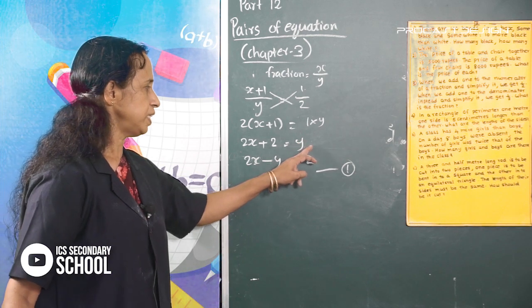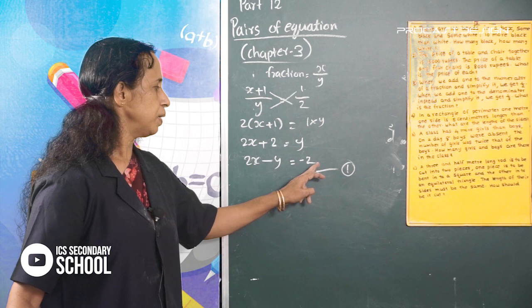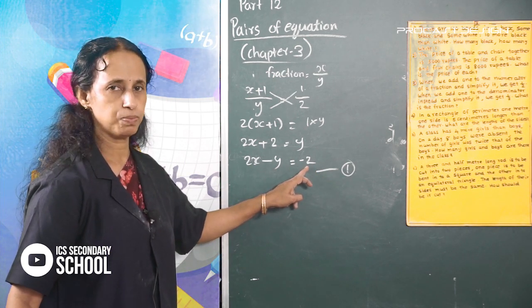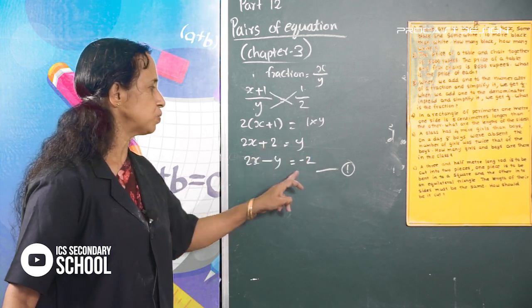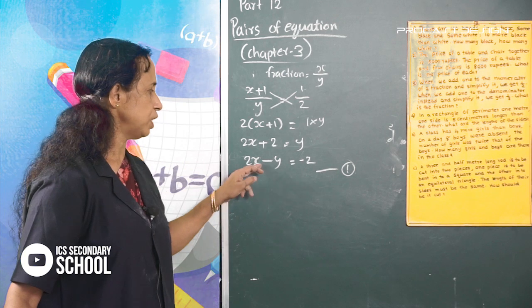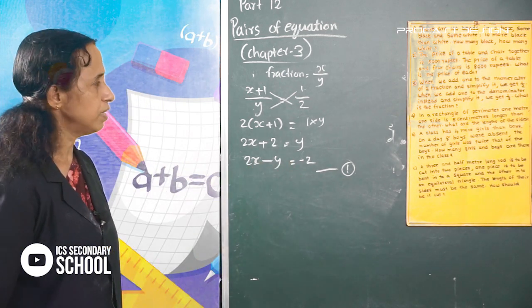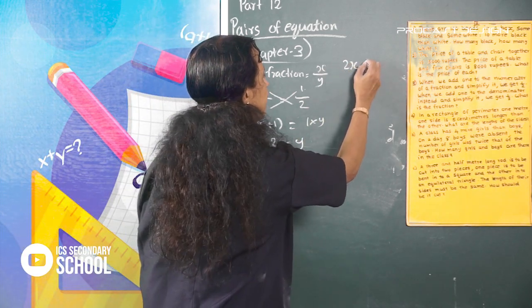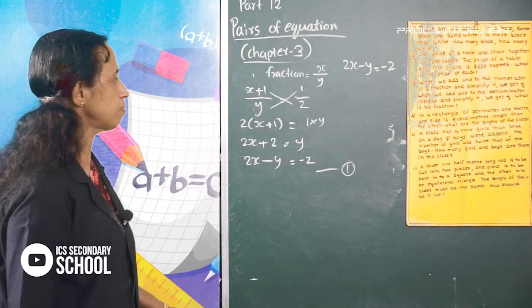Plus y changes to minus y, and plus 2 changes to minus 2. So 2x minus y is equal to minus 2. This is the first equation, okay.